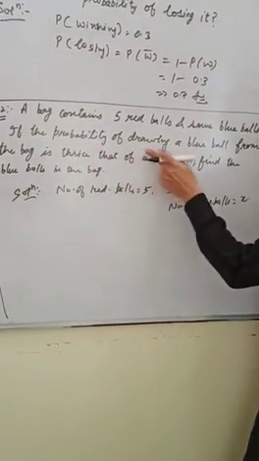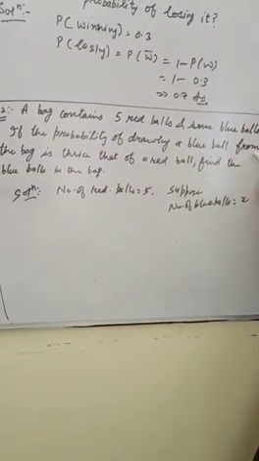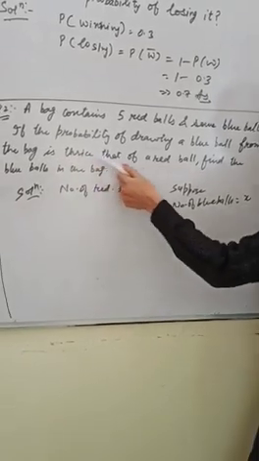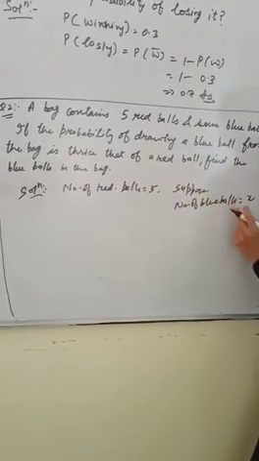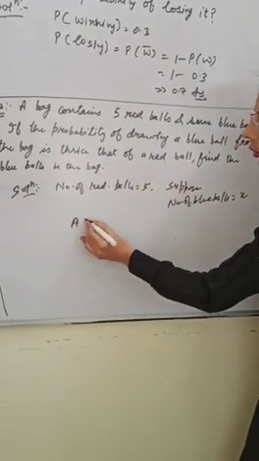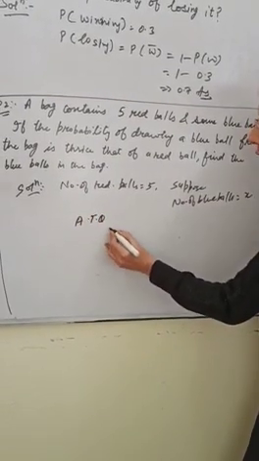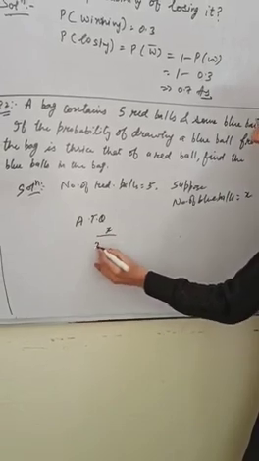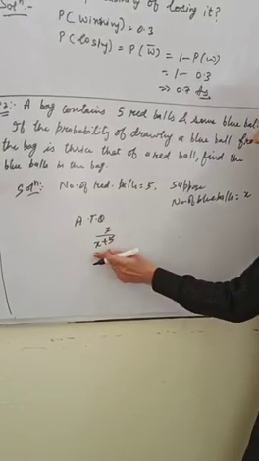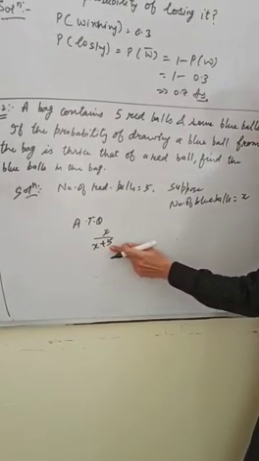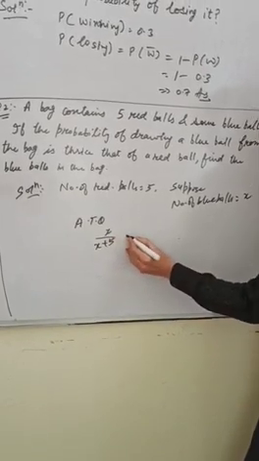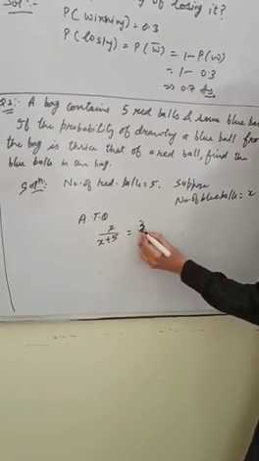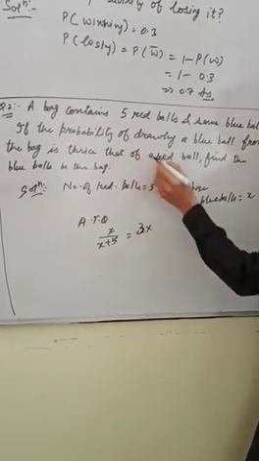If the probability of drawing a blue ball from the bag is thrice that of the red ball. So according to the question we can write the probability of a blue ball is x upon x plus 5, since the total balls are x blue balls and 5 red balls. This probability is equal to thrice the probability of the red ball.